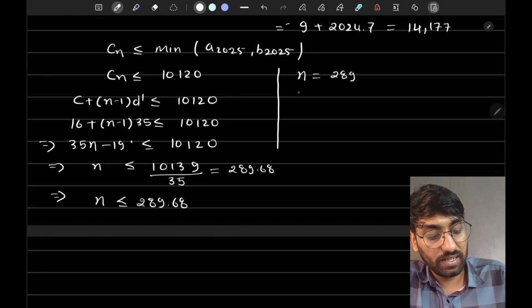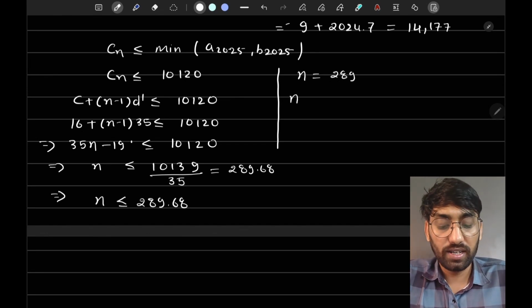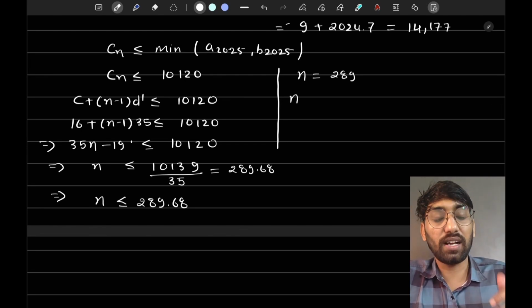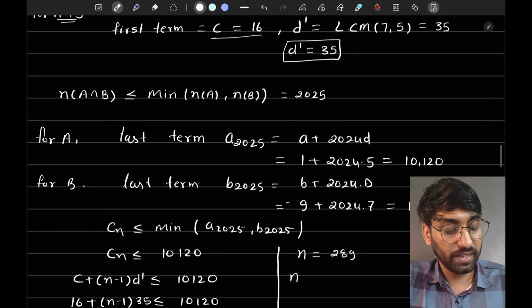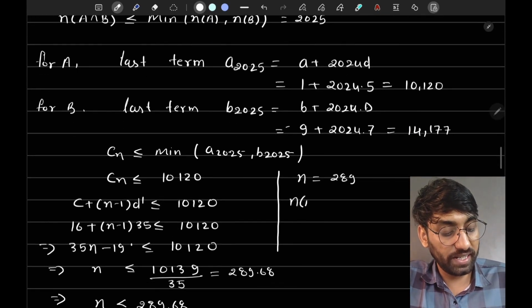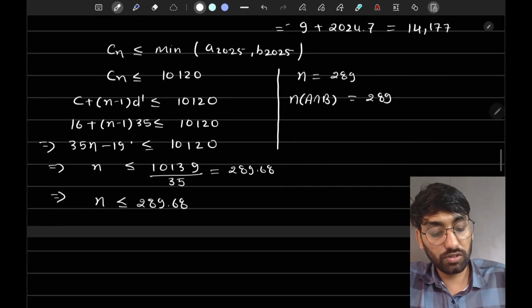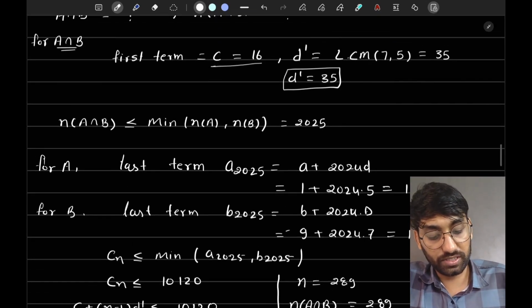It means the maximum number of terms the common sequence will take is 289 terms. So the number of elements in A intersection B will be nothing but 289. Correct? So now I can easily substitute this value here.